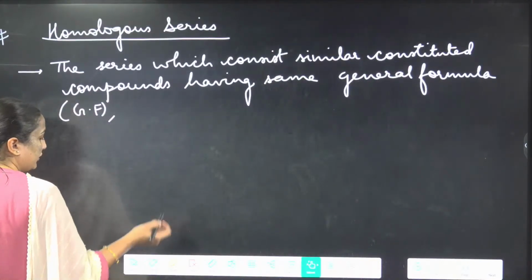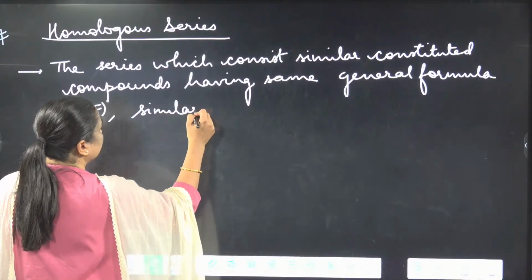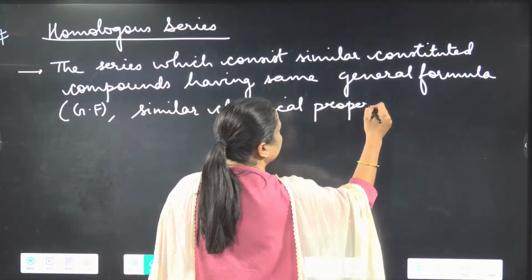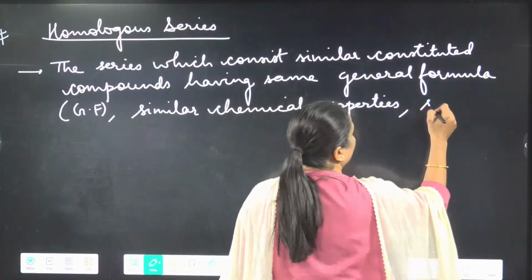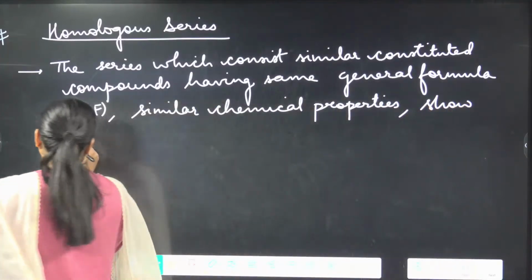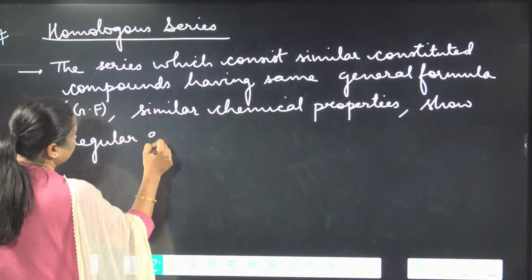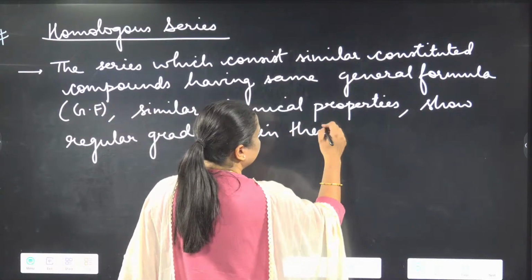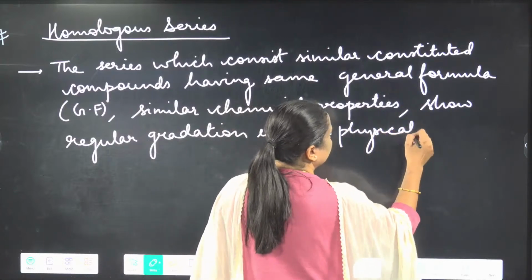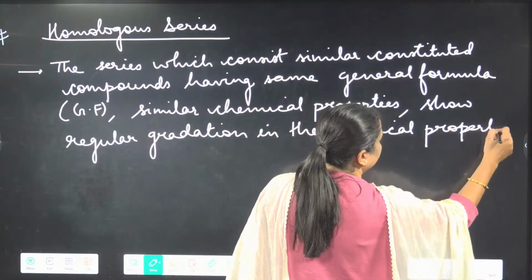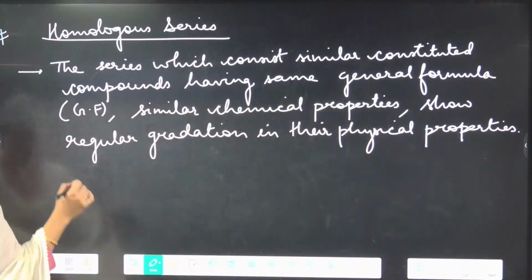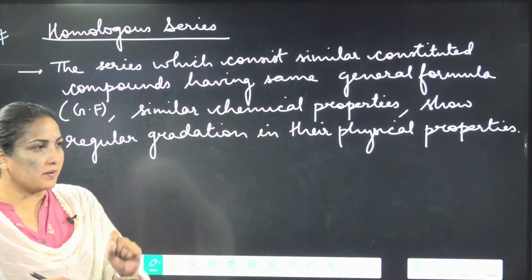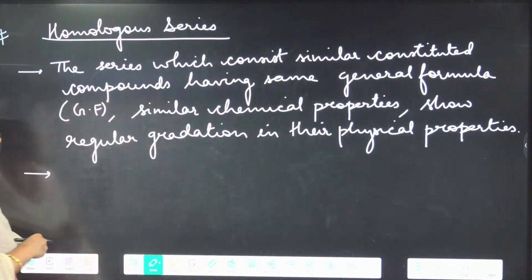Having same general formula, similar chemical properties, show regular gradation in their physical properties, then the successive member will be differing by a CH2 group or else by 14 AMU mass. That's what is the specific characteristic of this homologous series.